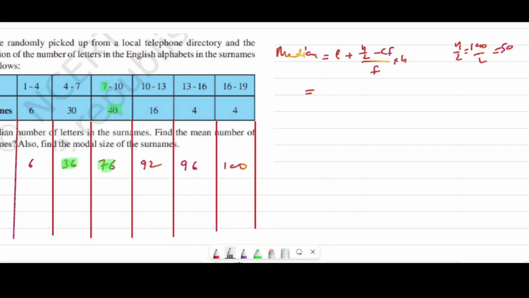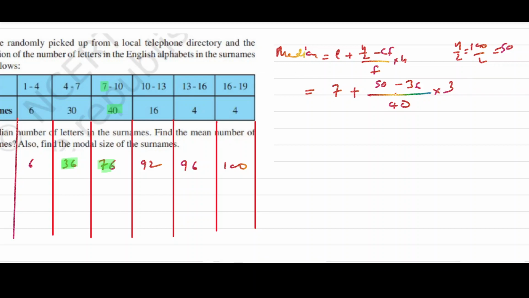Now what is the value of L? L is 7, so put here 7 plus 50 minus CF. This is CF, so put here 36. Now what is the value of F? That is 40, so put here 40. What is the difference between these?